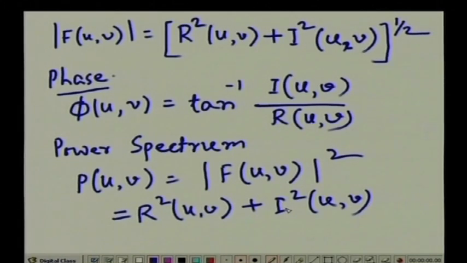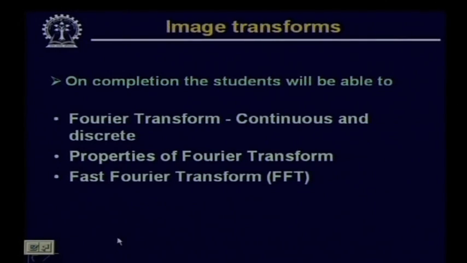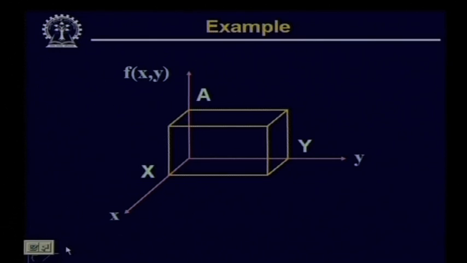Now, to illustrate this Fourier transformation, let us take an example. Suppose we have a continuous function f(x,y), which is again a function of two variables x and y.